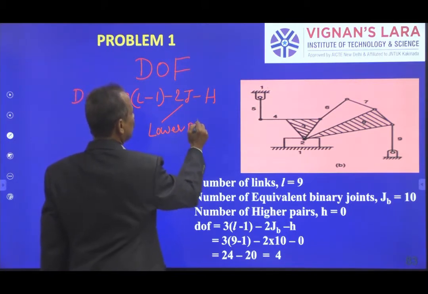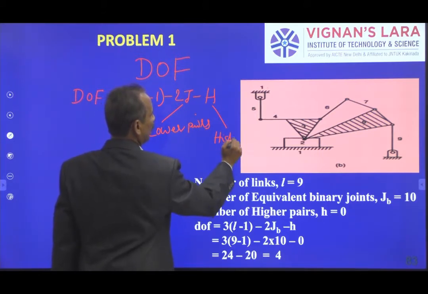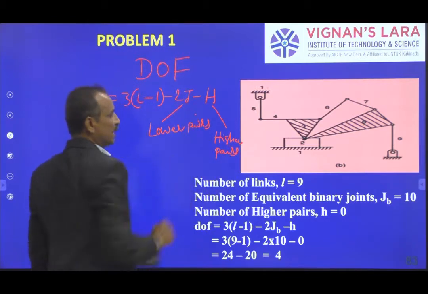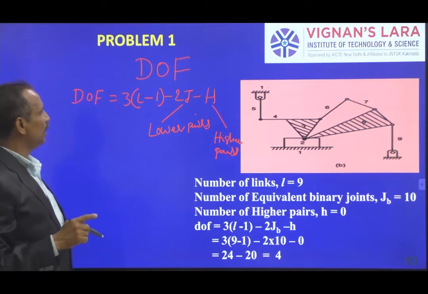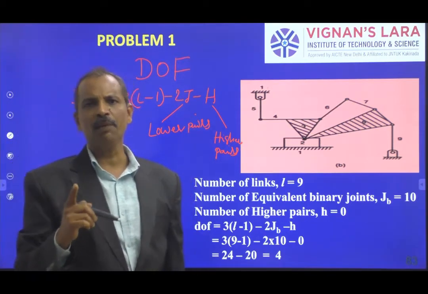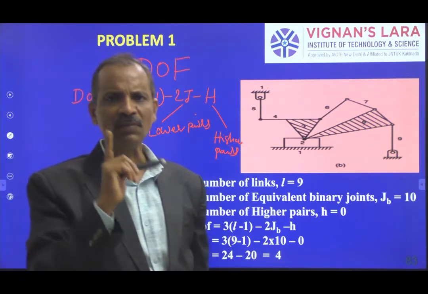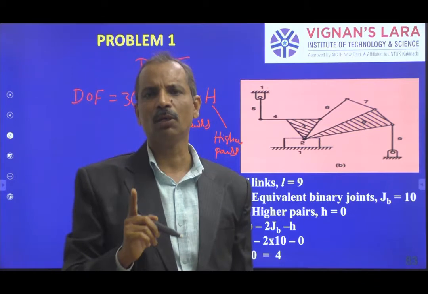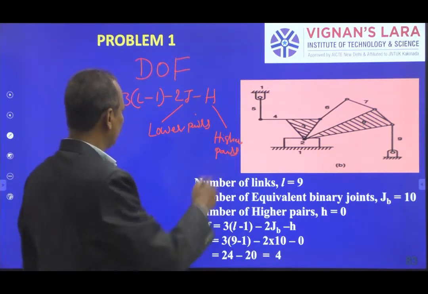These J lower pairs we will convert into binary pairs. Already we have discussed that one ternary pair is equal to 2 binary pairs and a quaternary pair is equal to 3 binary pairs. Like that we can see in the problem.